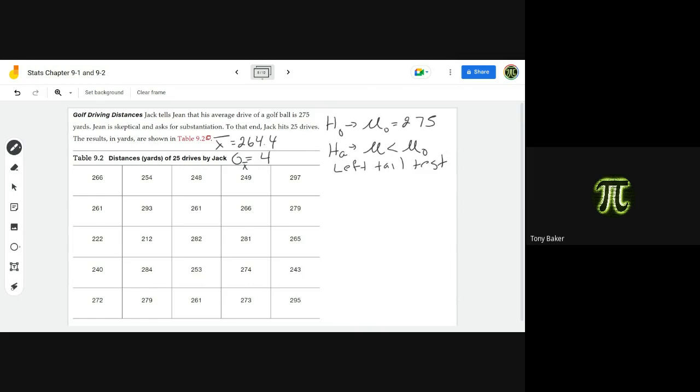Now, when we're looking at our hypothesis testing, so we've got that information. What's the other thing that we would kind of have to figure out before we start doing calculations? Starts with a C. Yeah, we want to figure out how confident we are, right?